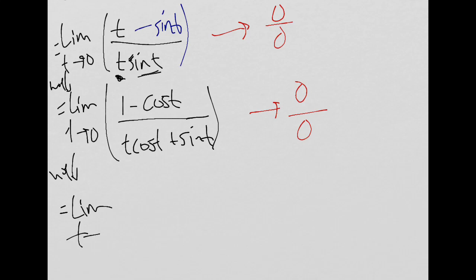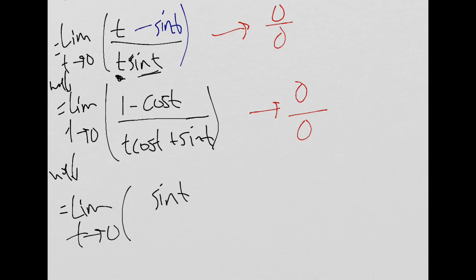the limit as t approaches 0 of, now I have to do the derivative of the top and then the derivative of the bottom. The derivative of the top, well, this goes away, and this gives me positive sine t.